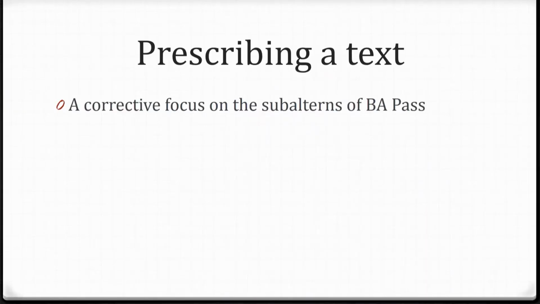Since we need to move on, finally he says when a text is being prescribed, a corrective focus should be placed. Do not think that he is using subalterns in the way that politically you are familiar with. He is talking about the subalterns of BA pass as far as a typical university system is concerned.